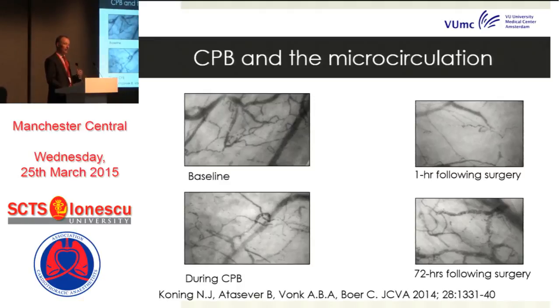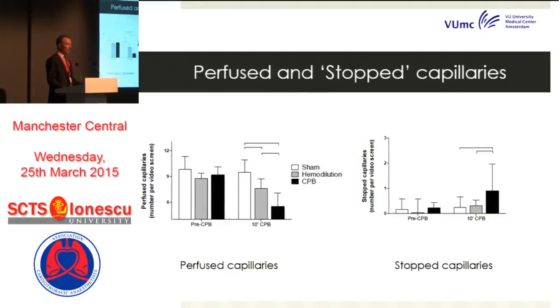And it is certainly tempting to speculate that the thing they are not seeing is GME that largely explains what they are seeing. So graphically, 10 minutes after going on bypass, there is a significant decrease in perfused capillary density and also a significant increase in the number of stopped capillaries. And it is far, far out of proportion to that which results from hemodilution alone.